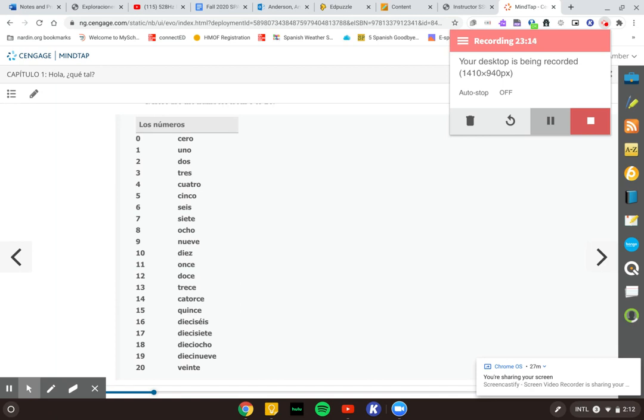Notice that numbers 11 through 15 are a little different because now we're going to go with the pattern of 10 and 6, 10 and 7, 10 and 8. It's a little different when we start at 16. We have 16 with the acento, 17, 18, 19, 20.